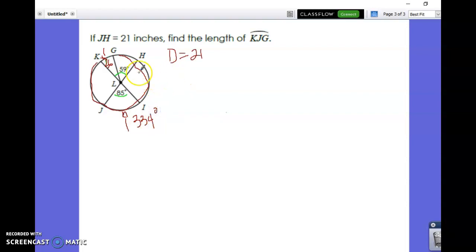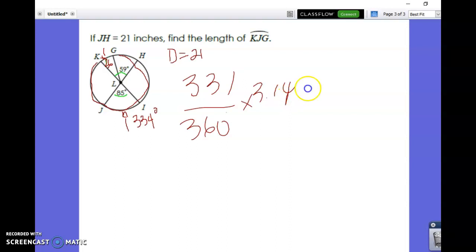Now we can go ahead and plug it into the formula. We're going to do 334 divided by 360 times pi 3.14. This time I'm not going to use the 2 since they gave us the whole diameter already. So we're going to use times 21 instead of splitting 21 and then multiplying by 2 again. We're just going around in a circle.